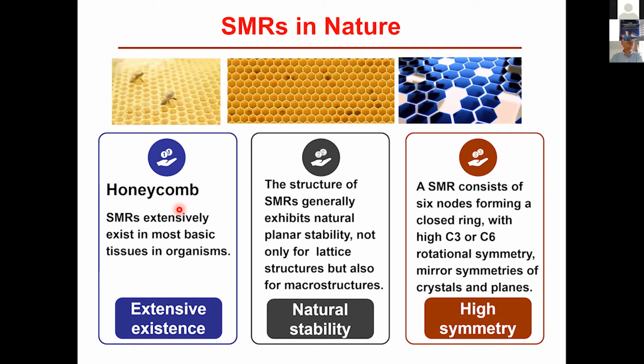For example, the honeycomb is a representative six-member ring structure, which is very popular in nature. The structure of six-member rings also exhibits very good stability, not only for lattice structures but also for microstructures.